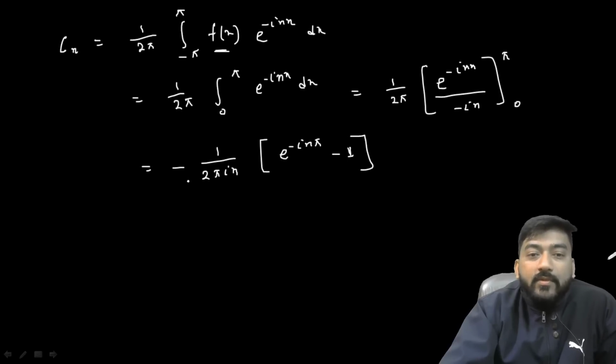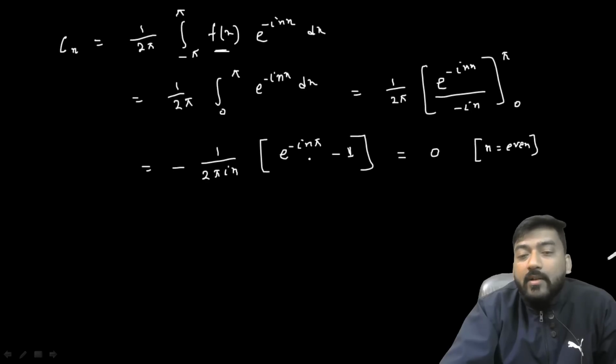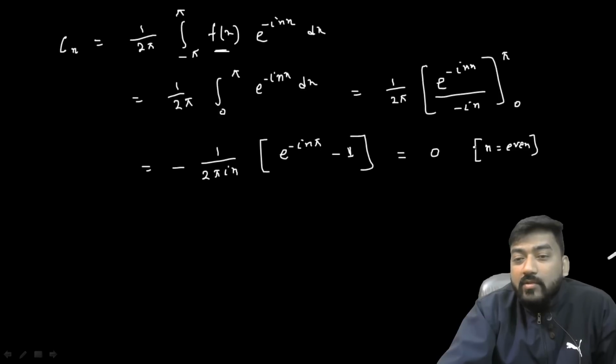Now we can find out from here that this value will be just 0 if n is even, because for even values this will be 1, e to the power minus i 2 pi, 4 pi, 6 pi, this will be 1. So 1 minus 1 will be 0. But if you take odd values like pi, 3 pi, then you will get minus 1 here. So this will be minus 1 minus 1, that will be minus 2, and the 2 will cancel out, and minus minus will be plus.